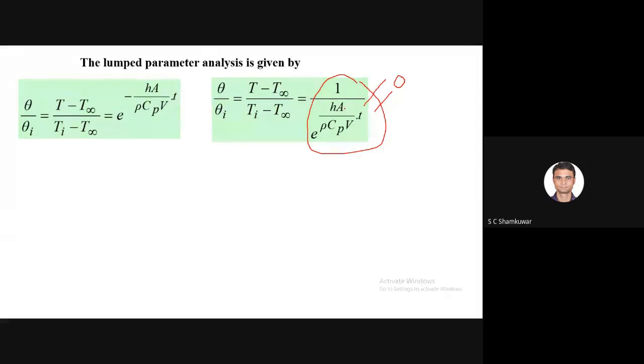Why should it be 0? If it is 0, then what will happen? T equal to T infinity.